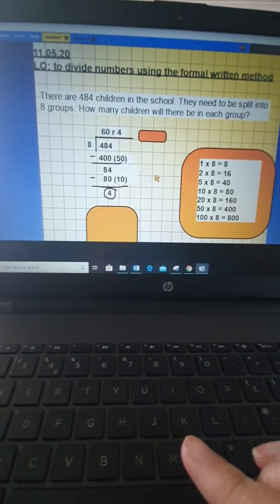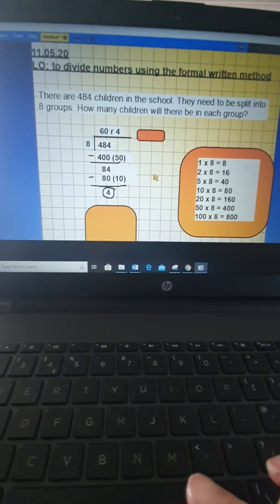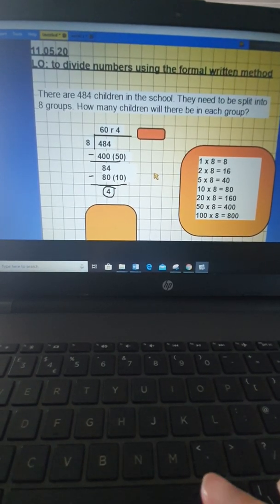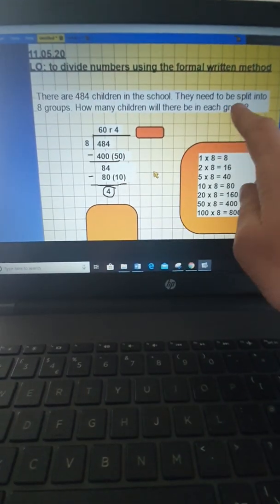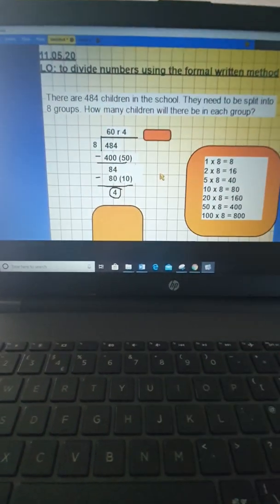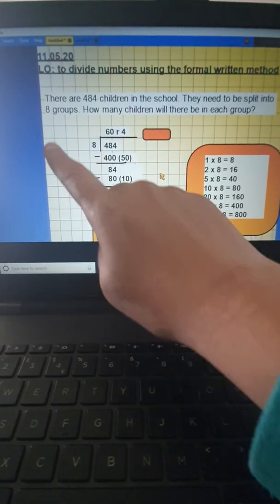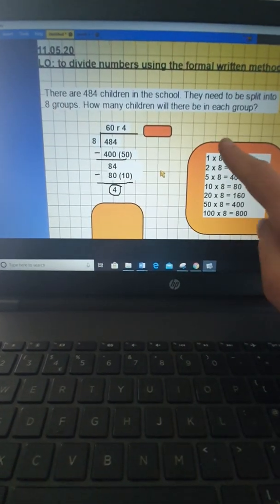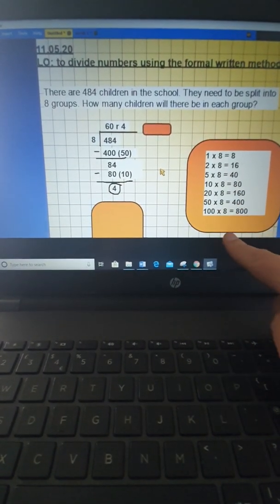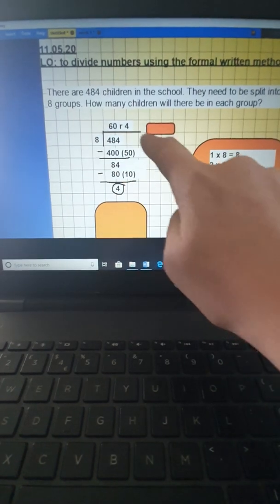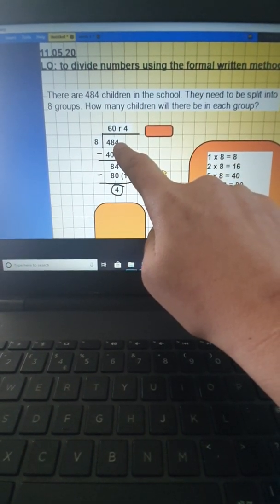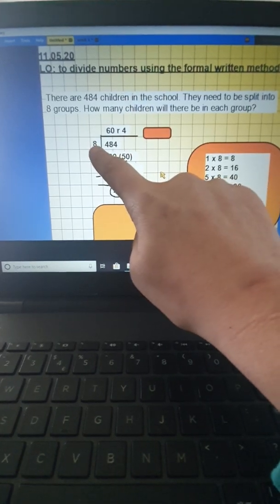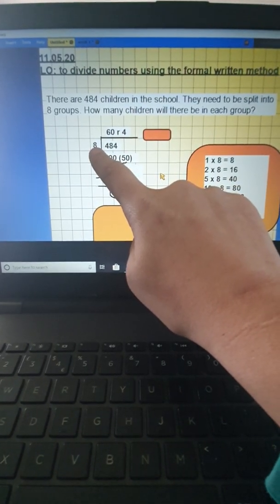Remember to follow the steps, okay? So first step, read your word problem, okay? Pull out the key information. You then need to do the key facts for the number you're dividing by, okay? Then you draw your bus stop method. Inside your bus stop is the number you're dividing, and then outside your bus stop is the number you're dividing by.